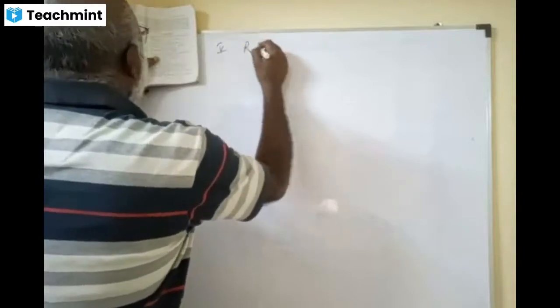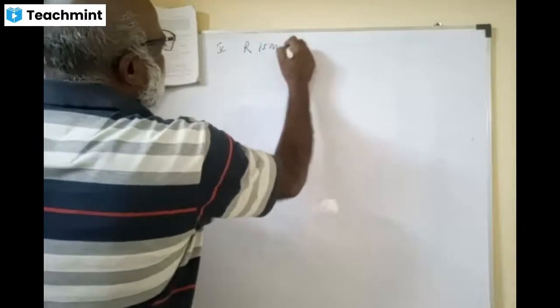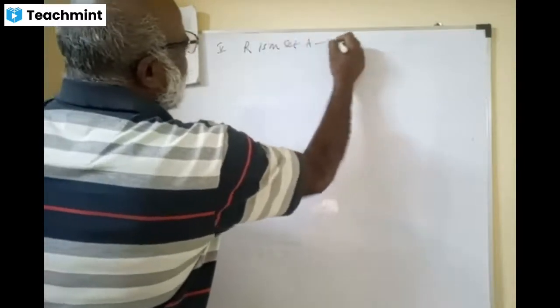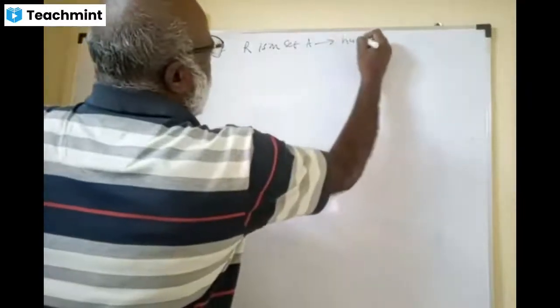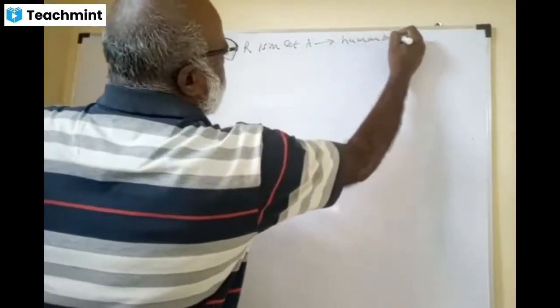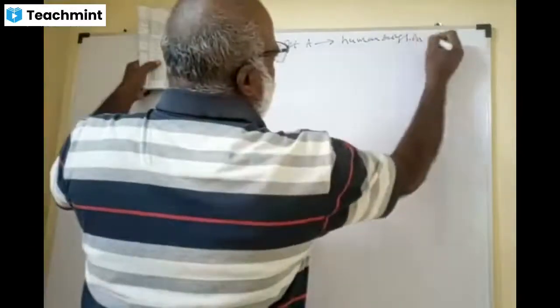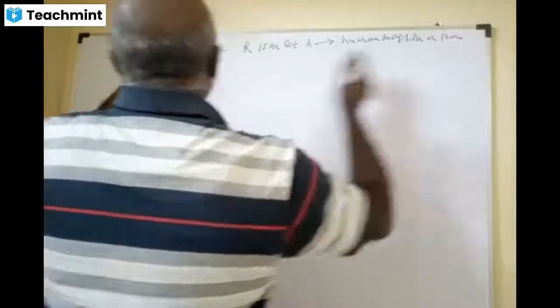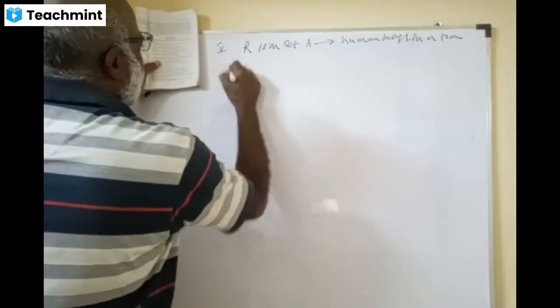R is on set A. A is called the set of human beings in a town, at a particular time given by A.